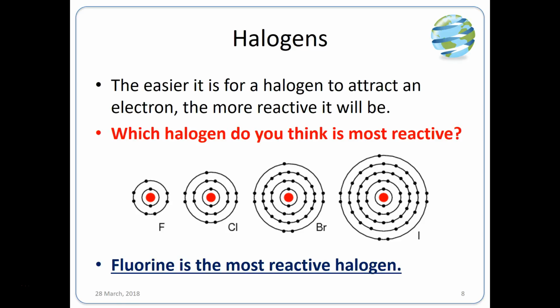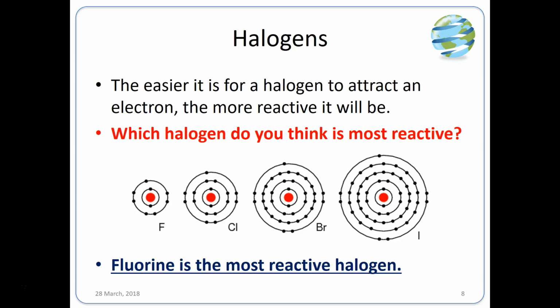Now fluorine is the most reactive halogen, and the reason for this is due to the nucleus. Now as you're aware, the nucleus contains protons, and these are positive. This positive charge will draw in the negative electron. So if there are more shells, the positive is further away. There's a weaker attraction for this electron it's trying to attract.